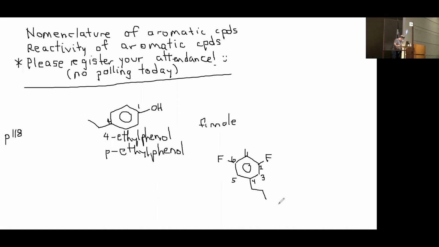And I think you'll get the same answer if you number it in the other direction. So I think we'll want to say that the propyl group is on carbon 4, and we've got 2 fluorines, or fluoro, on carbons 2 and 6. F comes before P, so I think we would want to call this guy 2,6-difluoro.